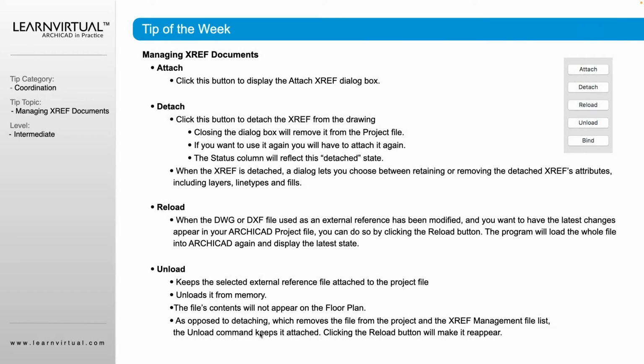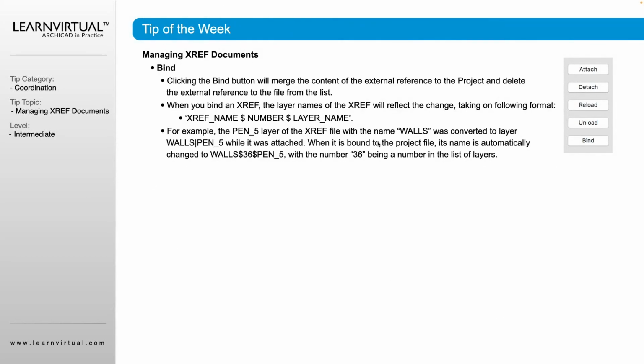And that's different from when we are detaching, which removes the file from the project and the management list. Unloading it keeps it attached, so you'll still be able to see it in your manager, versus when you are detaching it, it doesn't.